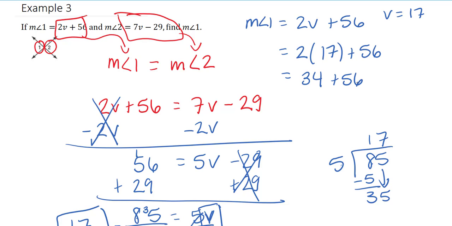Now, 34 plus 56 is equal to 90, because the 4 added to 56 is 60, and then we add the 30, so 60 plus 30 is 90. That's how I got there mentally. Feel free to do it by hand or get the calculator out.